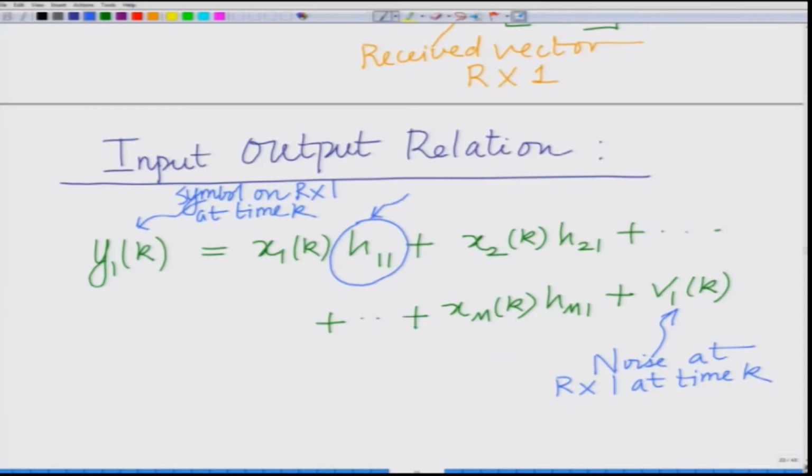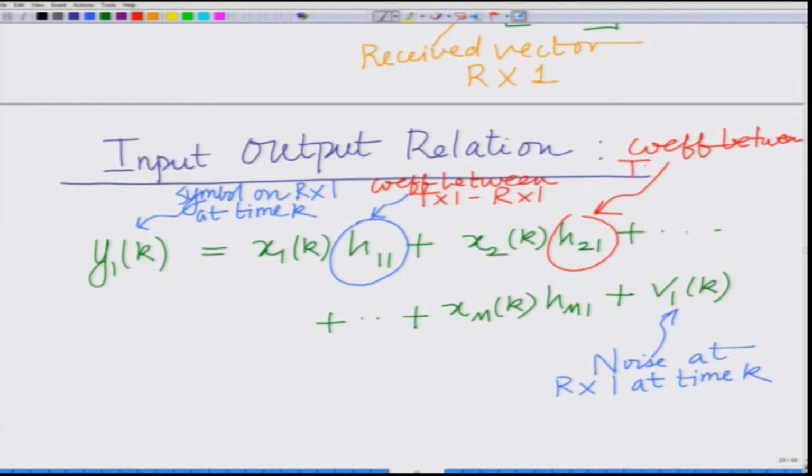So, H11 is the coefficient between Tx1 and Rx1, H21 is the coefficient between Tx2 and receive antenna 1.